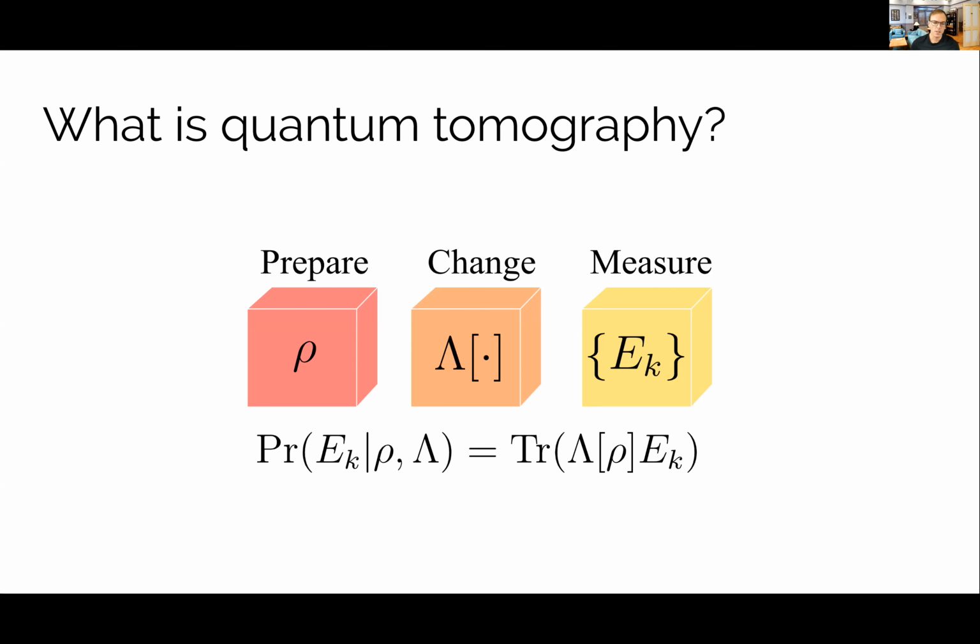Now, this is, in some sense, textbook quantum physics. If I'm told all of these things, then an assignment question or an exam question would be to calculate this probability here. So this is called the Born rule.